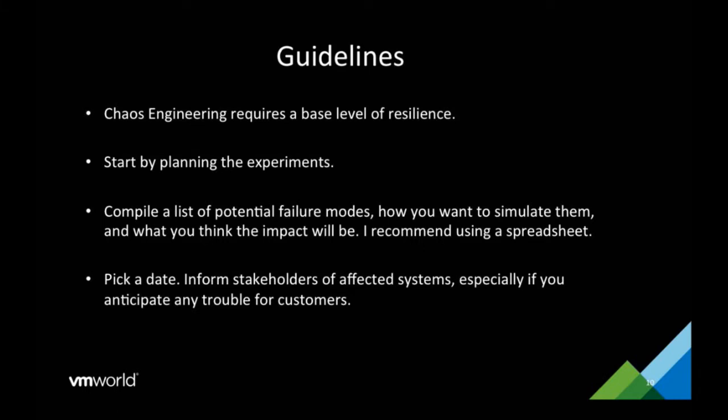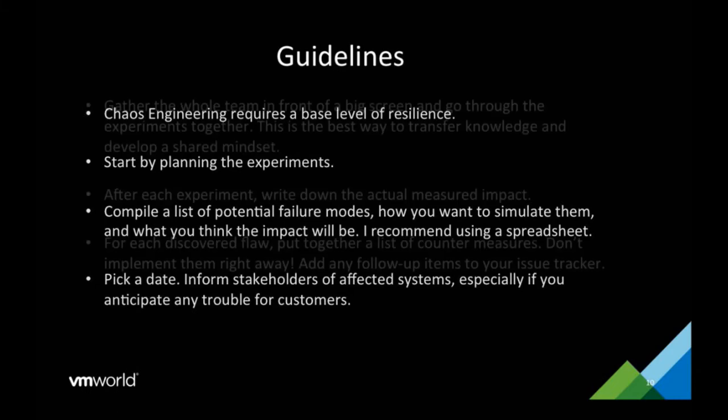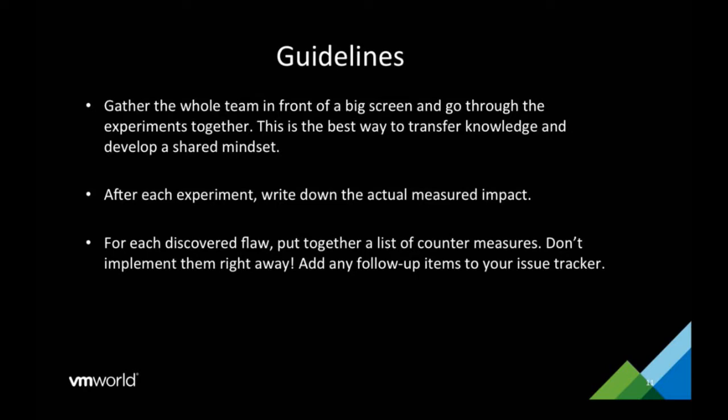Then once you go through that process, you pick a date and you get all the stakeholders that are involved with a certain experiment that you want to do. And you ensure that there's going to be no impact to customers, that there's a way that you can do it without actually causing severe downtime to the environment. Then you gather the entire team together, all the stakeholders, and you basically have a big screen up with your different monitoring dashboards, and then you start failing things out, and then you see how it actually reacts.